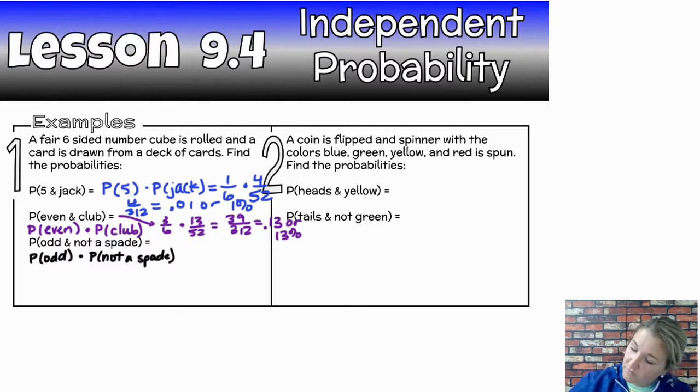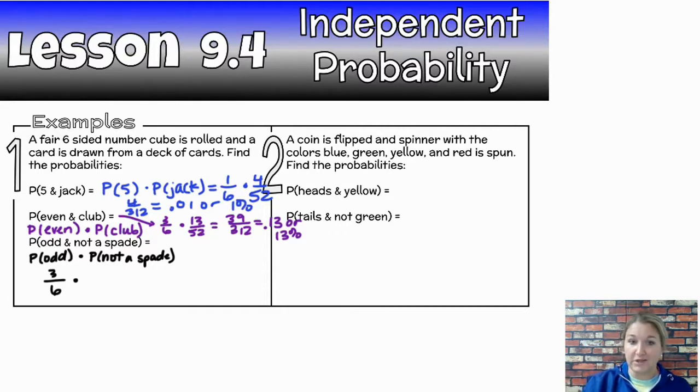Okay, I'm going to work this one out underneath because I didn't leave enough room apparently. So the probability of rolling an odd number with the number cube is 3 out of 6, times the probability of not drawing a spade. There are a couple ways you can do this. You can do 1 minus 13 over 52, or you can do 52 minus 13, which would be the spades, taking those out.